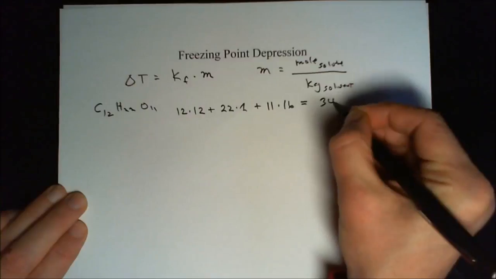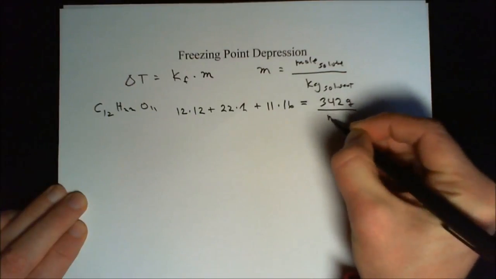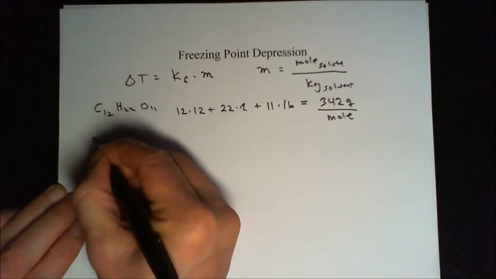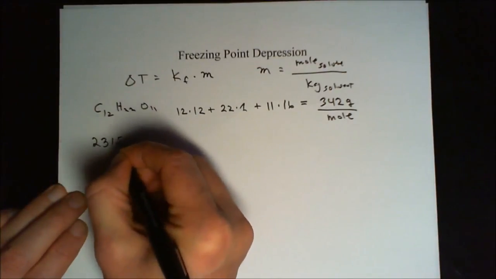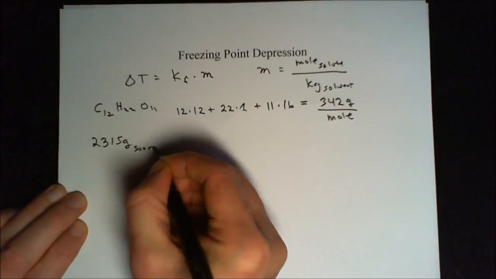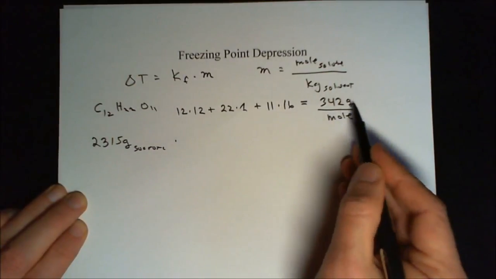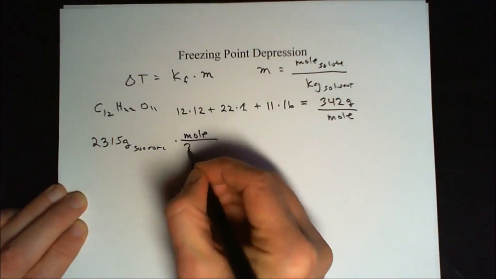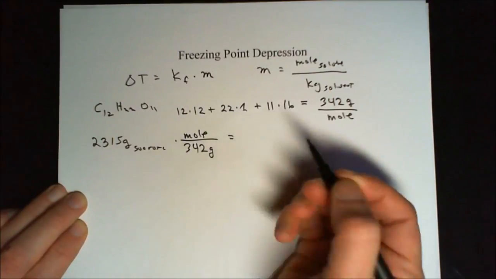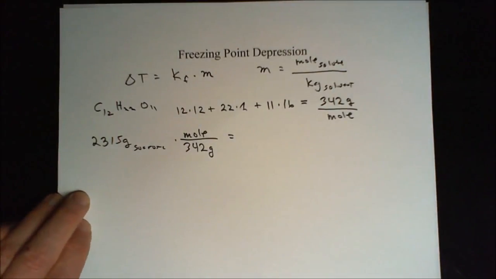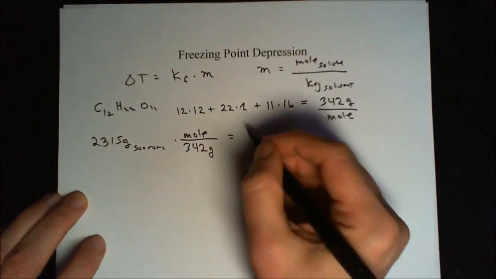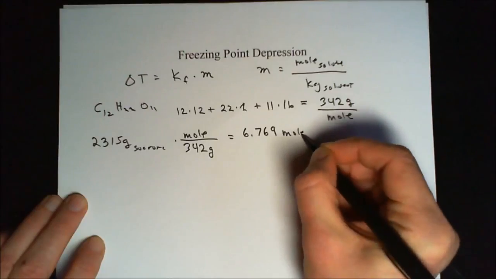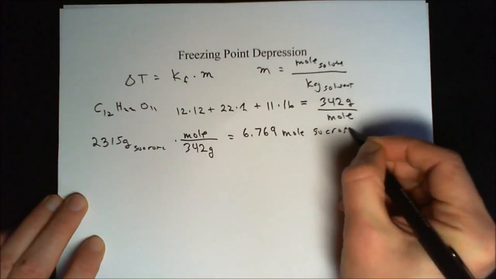We get 342 grams per mole for our sucrose. Now we were given that we have 2,315 grams of sucrose, and we're going to need moles on top and grams on the bottom to cancel, so we go moles per 342 grams, and we go ahead and put that in our calculator, and we get 6.769 moles of sucrose.